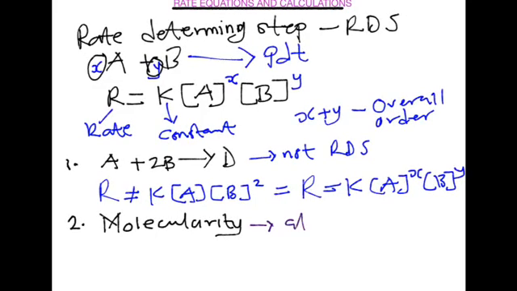Like atoms, molecules, and or ions that are found in the rate determining step. So we can put it this way: it is the number of reactant species that take part in the RDS of a given reaction, in the rate determining step of a given reaction.